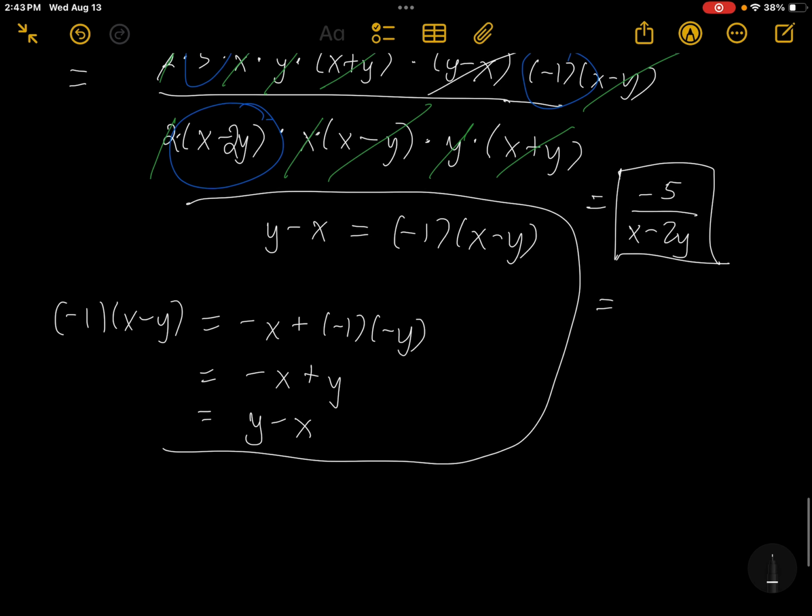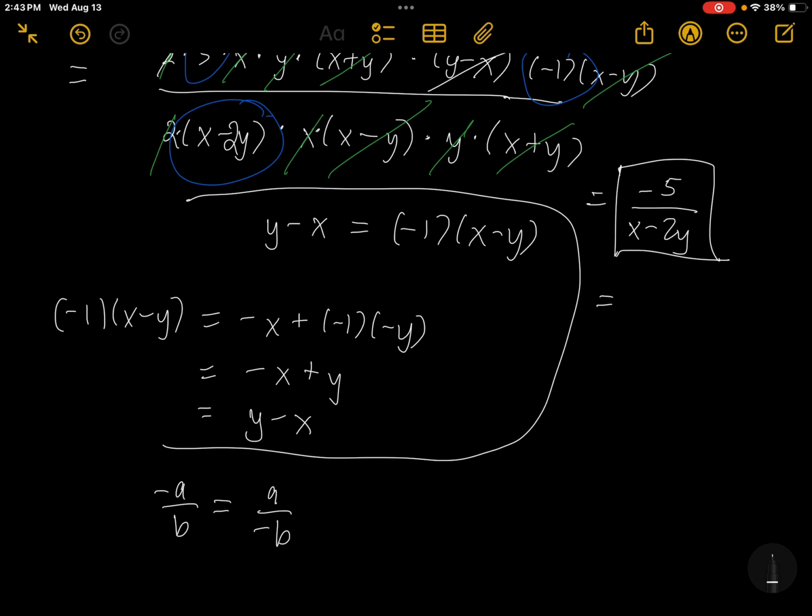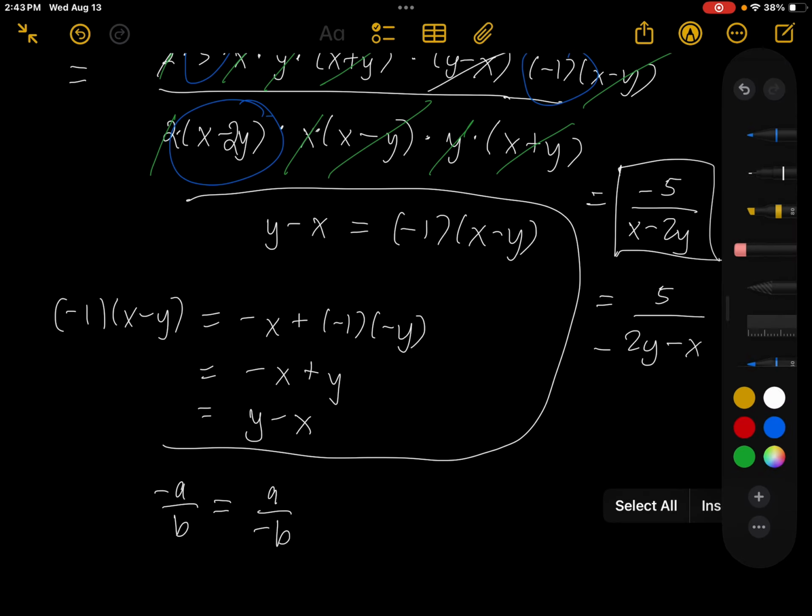Now, when I have -a over b, it's a good idea to recognize that this is the same as a divided by -b. So if I wanted to, I could write this -5 over x minus 2y as 5 over 2y minus x. Okay. So I could have written it as 5 over negative, so I shouldn't have skipped that step.